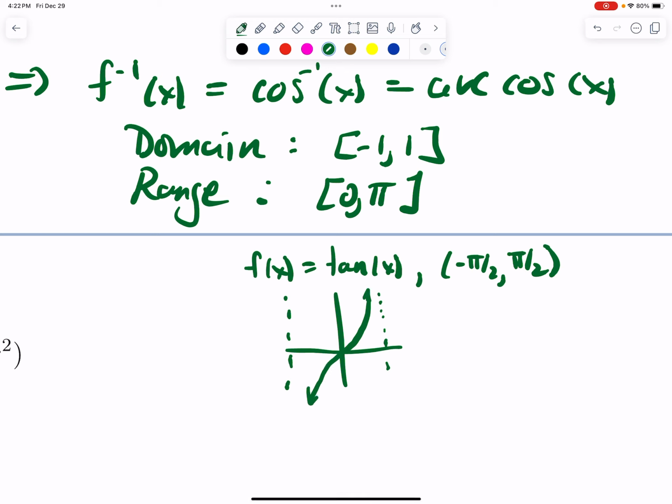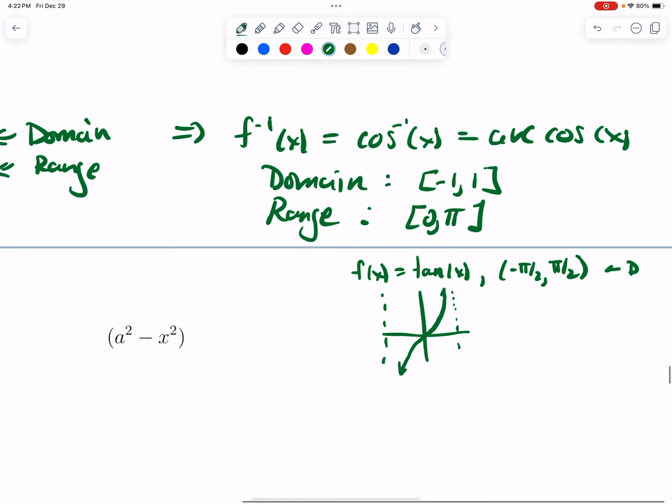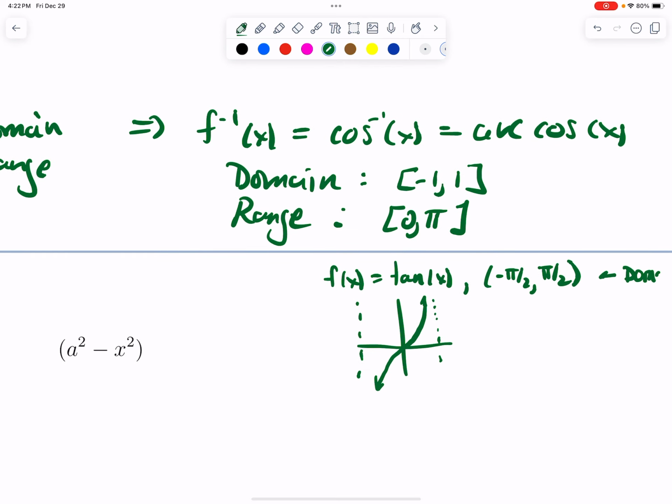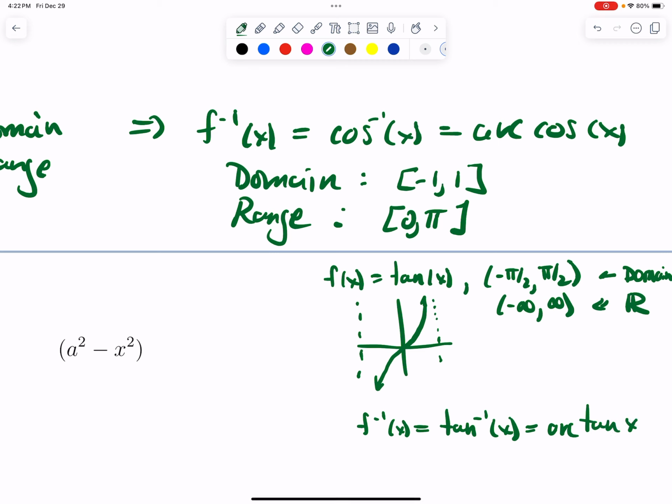That is a one-to-one function on this restricted domain, and its range is all real numbers. So this function has an inverse, which we denote tangent inverse or arctan. And its domain is the range of f, so negative infinity to infinity, and its range is the domain of f, which is negative pi over 2 to pi over 2.